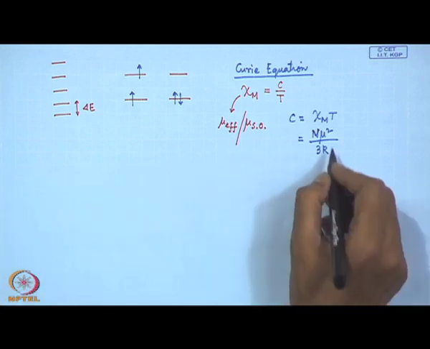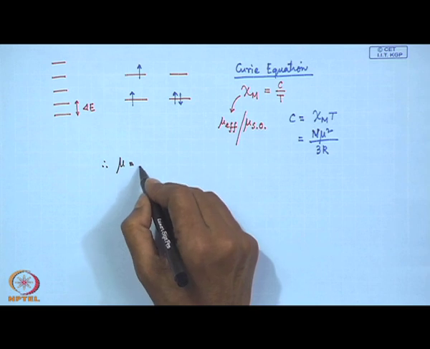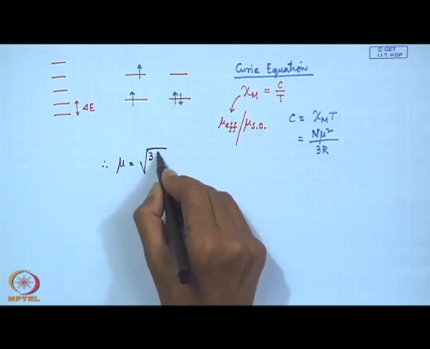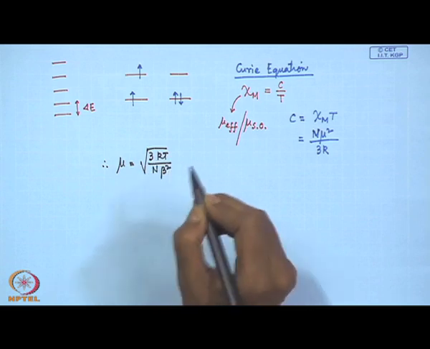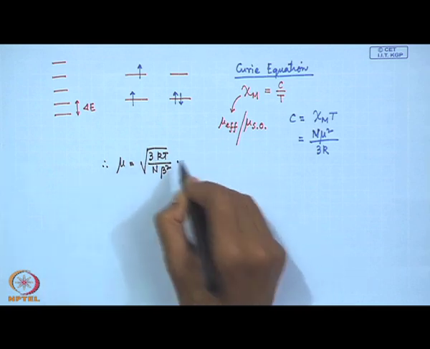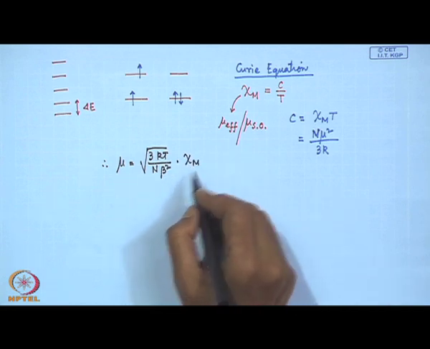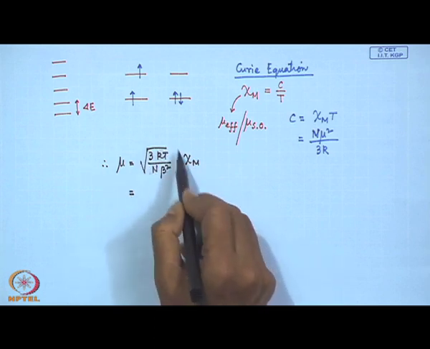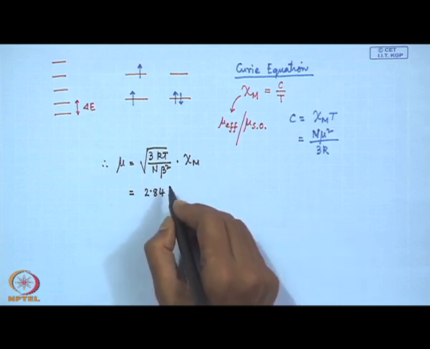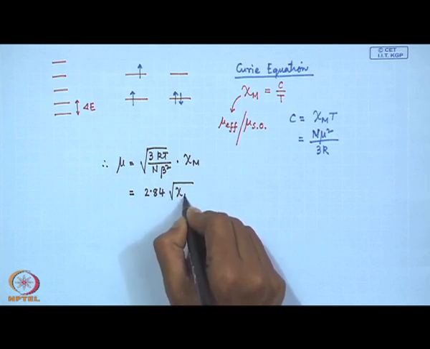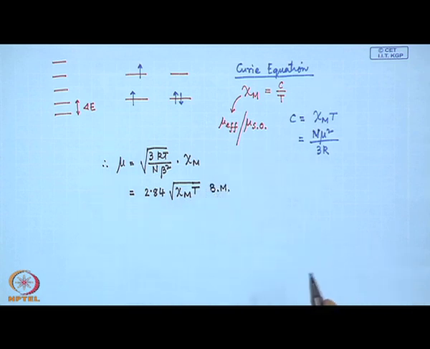And this therefore gives us the mu values, which are nothing but root over 3kT by N beta square in terms of the Bohr magneton, which, if we put in all the constants, gives us the magnitude of 2.84 into root chi m T, that much Bohr magneton we can find out.